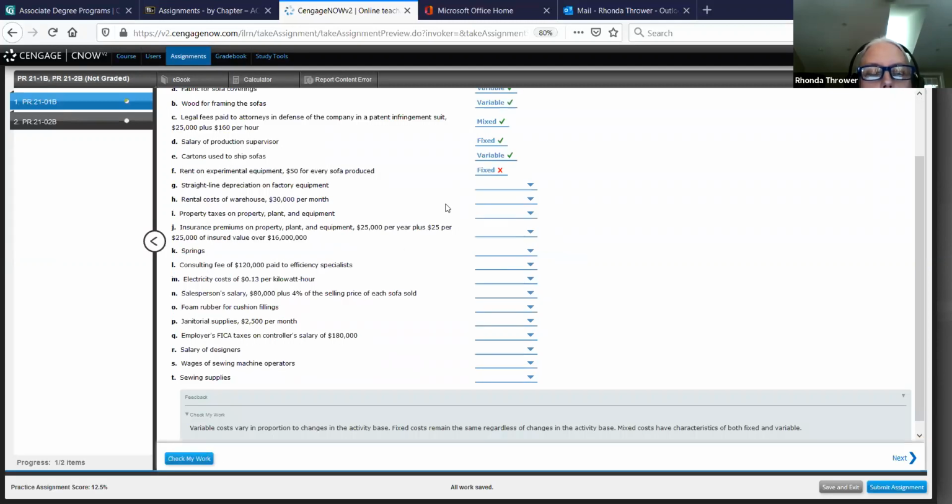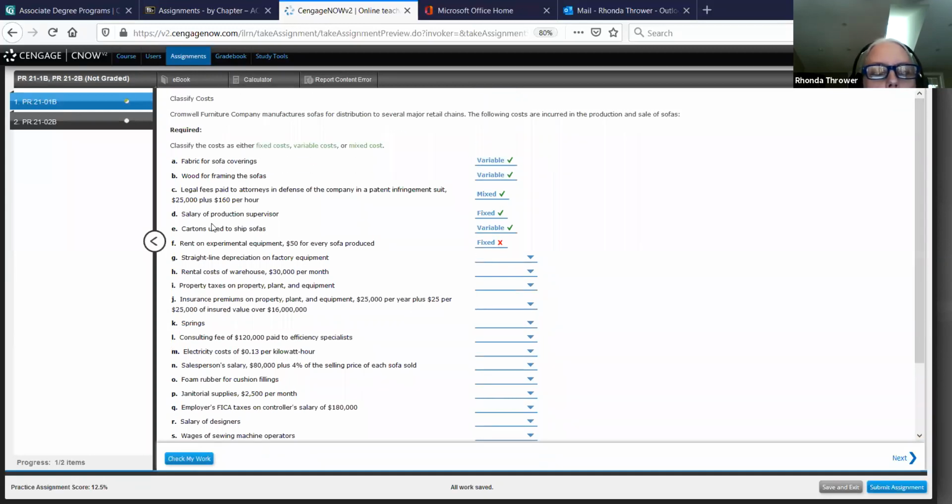And so I'm going to check my work there. And obviously I'm wrong here. See, I thought of it wrong. Like I said, you have to be careful here when you're analyzing this. If you're paying rent on a building and you pay the rent of $5,000 every month on a building, that would be fixed cost because it stays the same throughout the months until the landlord decides to change it.